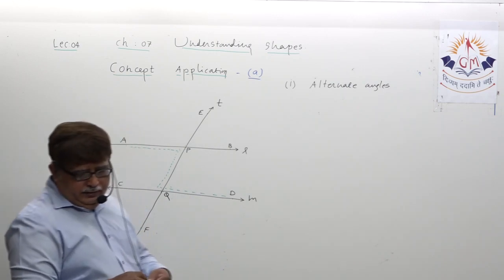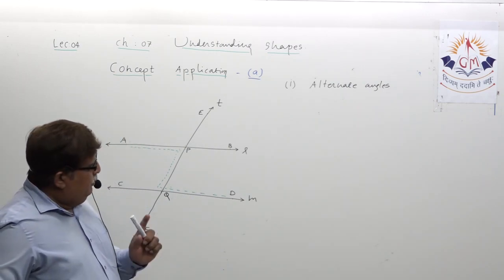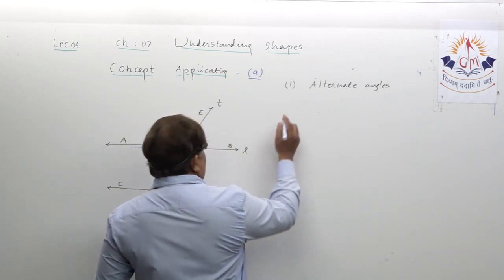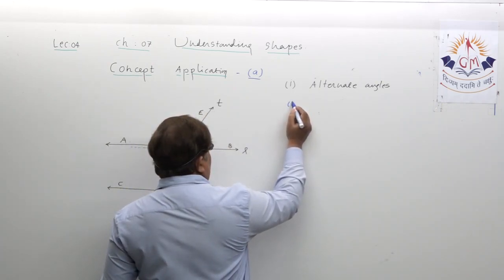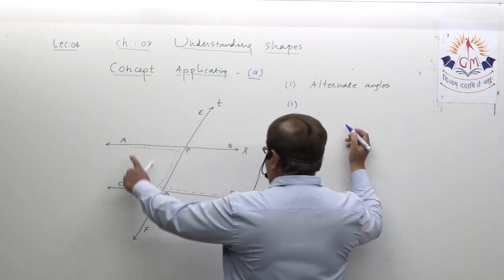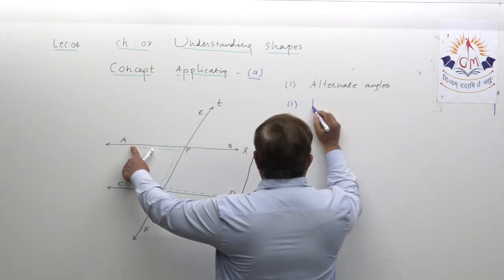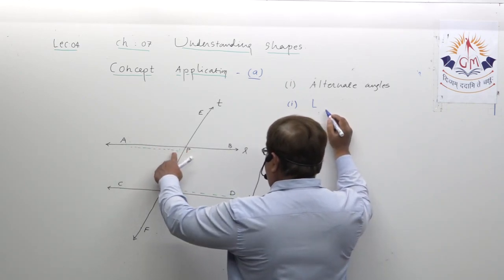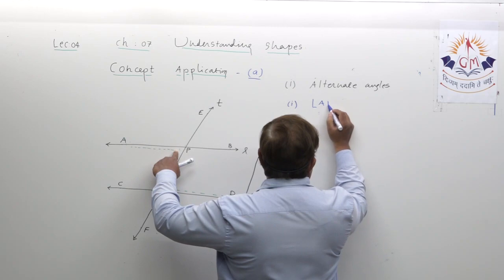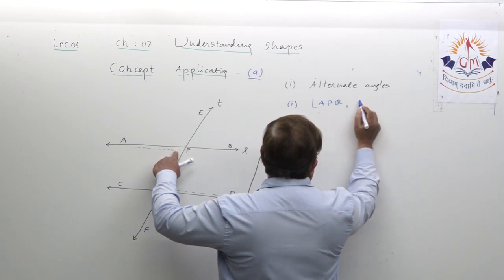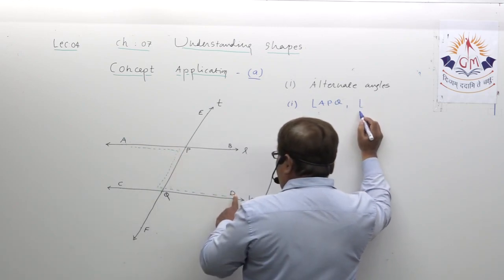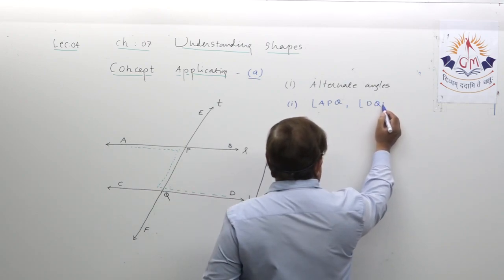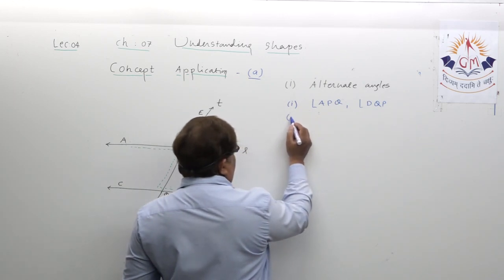Let me write the first pair of alternate angles: angle APQ, comma, angle DQP. So the first pair we got.